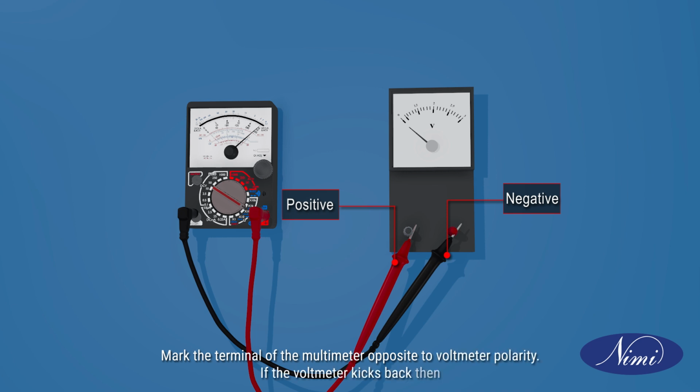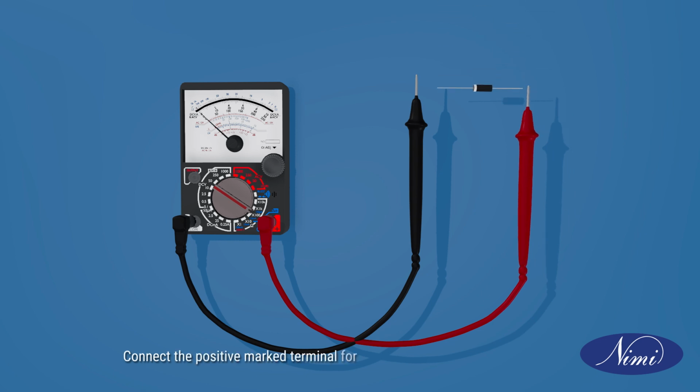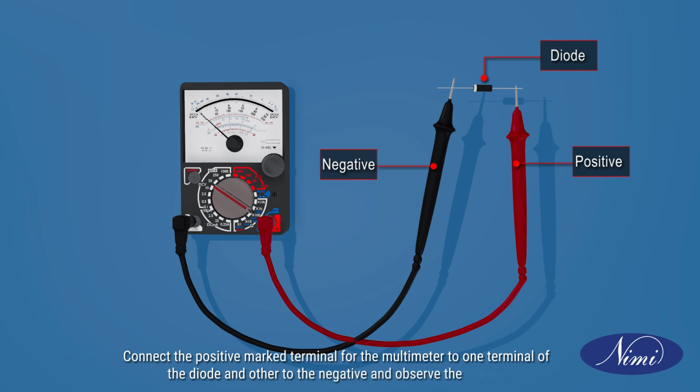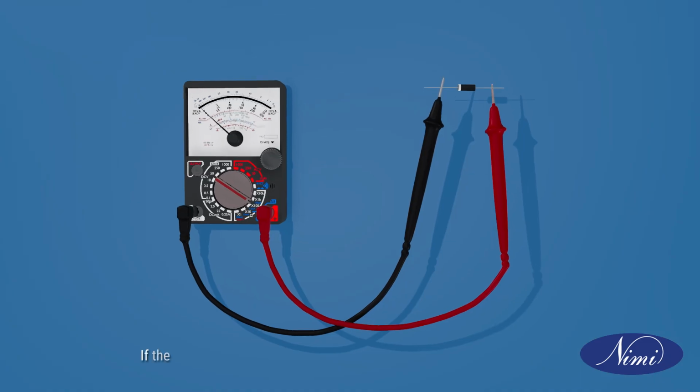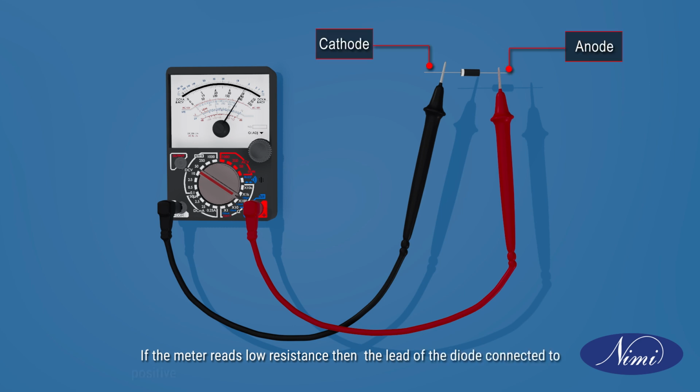If the voltmeter kicks back, then connect the positive marked terminal of the multimeter to one terminal of the diode and the other to the negative, and observe the reading. If the meter reads low resistance, then the lead of the diode connected to the positive marked terminal of the meter is the anode and the other is the cathode.